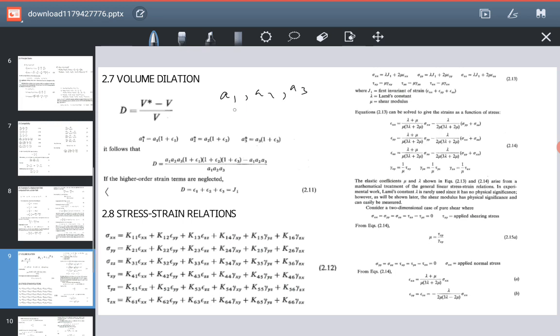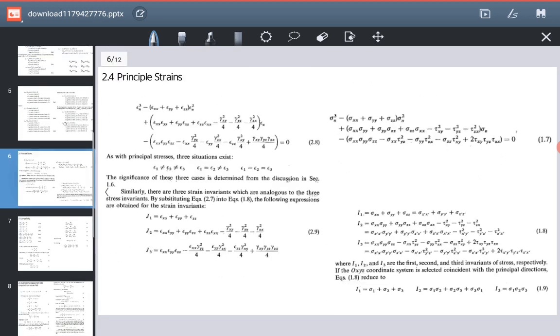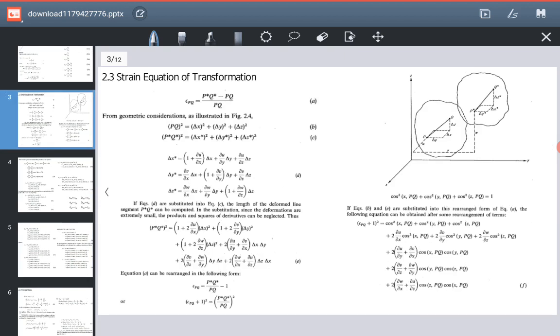But after application of some stress, it becomes a1 star, a2 star and a3 star. So if I want to find out the value of a1 star, it will be this. Similarly for a2 and for a3. I guess this should no longer be unfamiliar to you, because we have actually seen this formula.